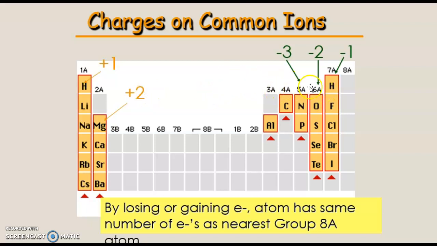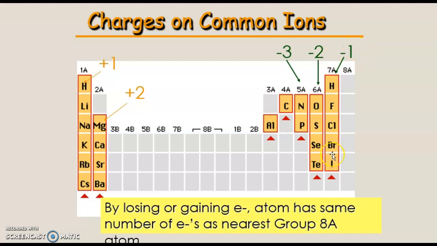But if you switch over here to your nonmetals, you can see that this is group 15, so it has 5 valence. It needs 3 to be complete. So if it takes those 3, it becomes a -3 anion. All of group 16 needs 2, so their number becomes -2, and all of group 17 needs 1, so they become -1.